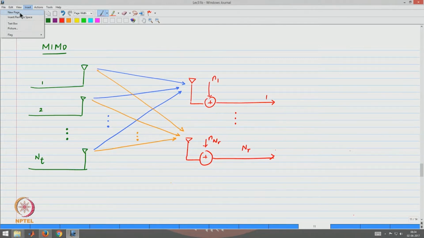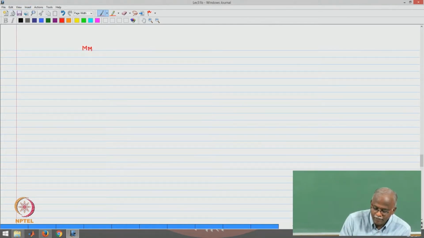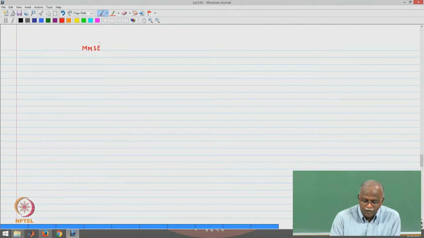So the MMSE receiver that we have derived so far has the following properties.